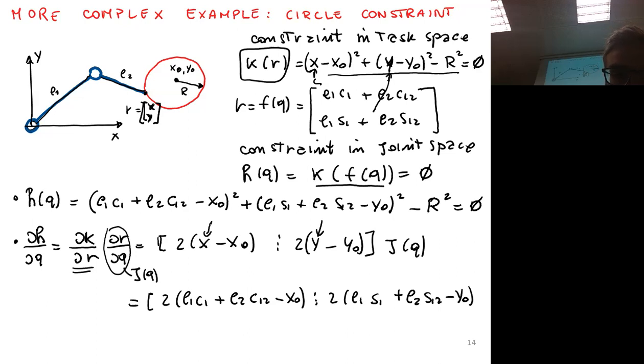And of course, the R variable disappears because it's a constant, and this should be multiplied by J.